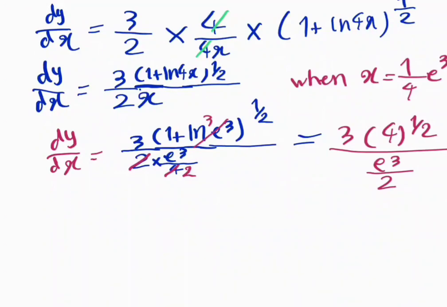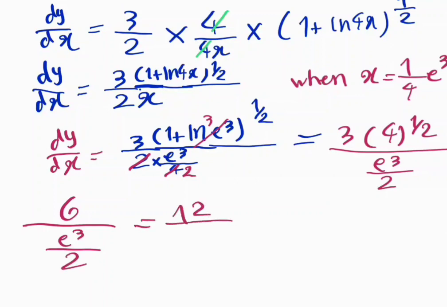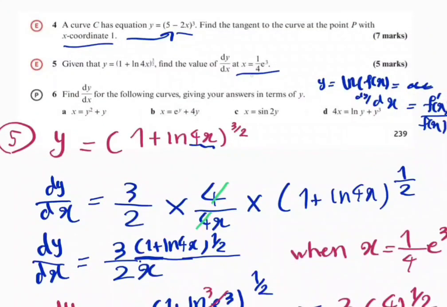So 2 times 3 is 6. 6 divided by e cubed over 2, and that's simply 12 over e cubed, and you can rewrite this as 12 e to the minus 3. And that's it. So this is your final answer. This is the gradient at this point. This one wasn't a challenging question, but the differentiations were a bit more involved.